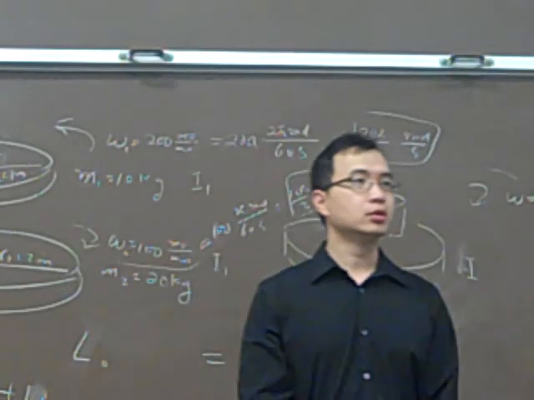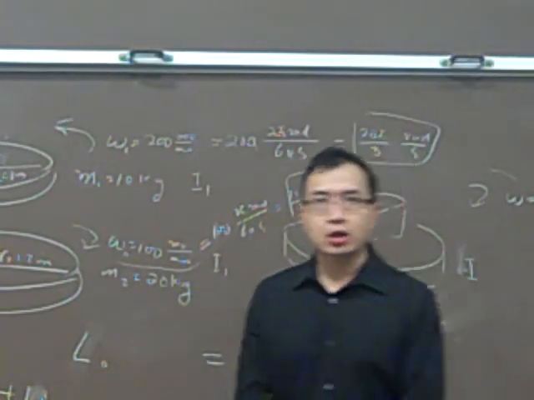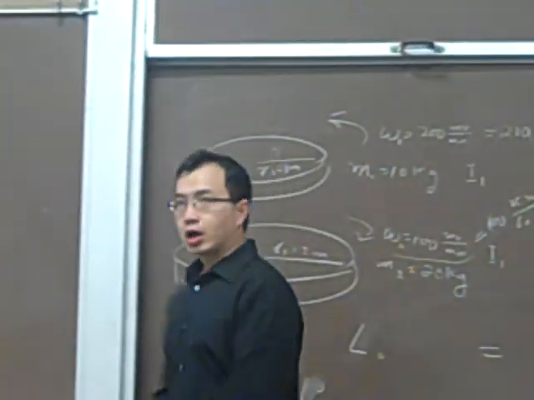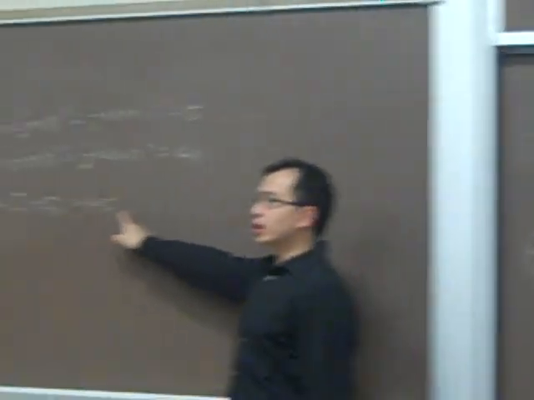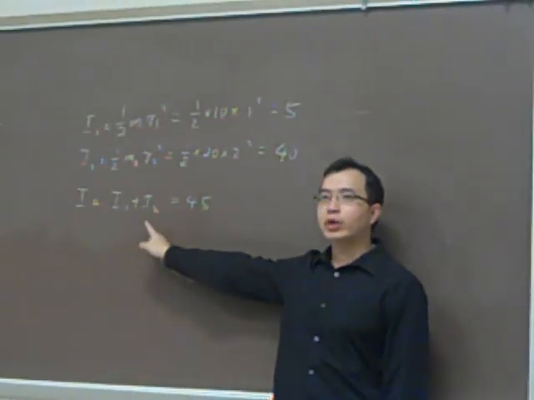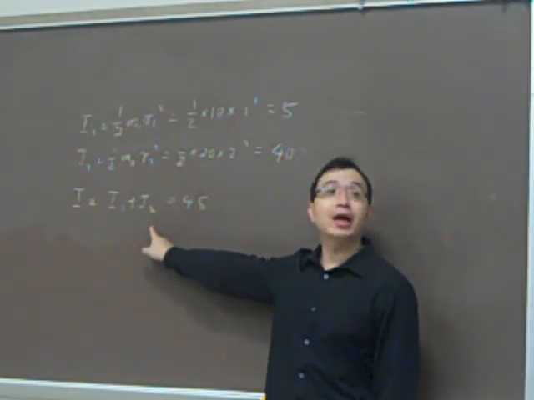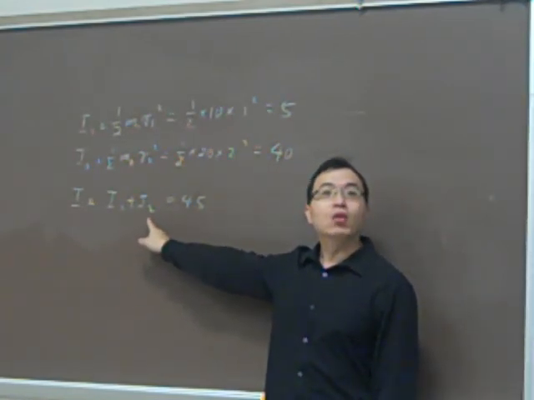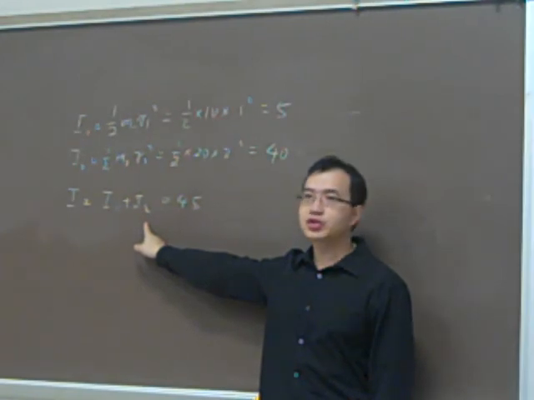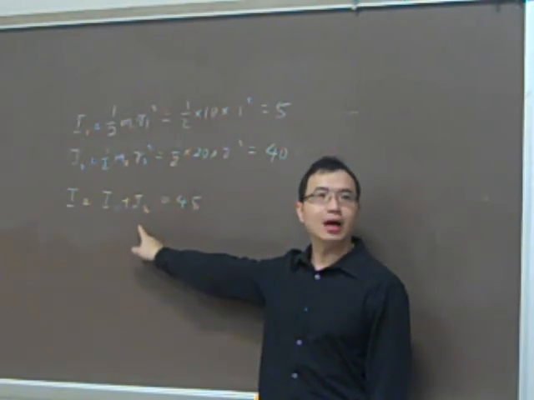Question: does the direction not matter before you add them? Okay, when you add them, please note rotational inertia is something like the mass. They can only be positive, so there is no positive or negative sign problem.